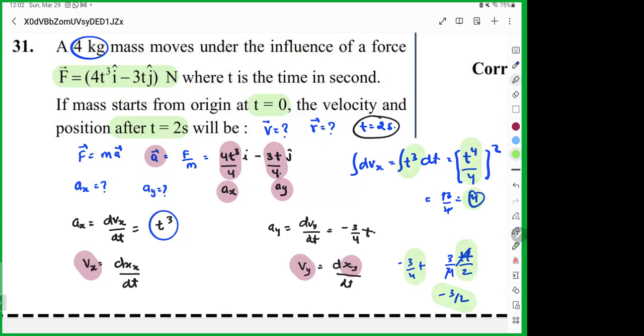Whatever you calculate in the velocity, integrate it again with respect to time, and you will get the answer.